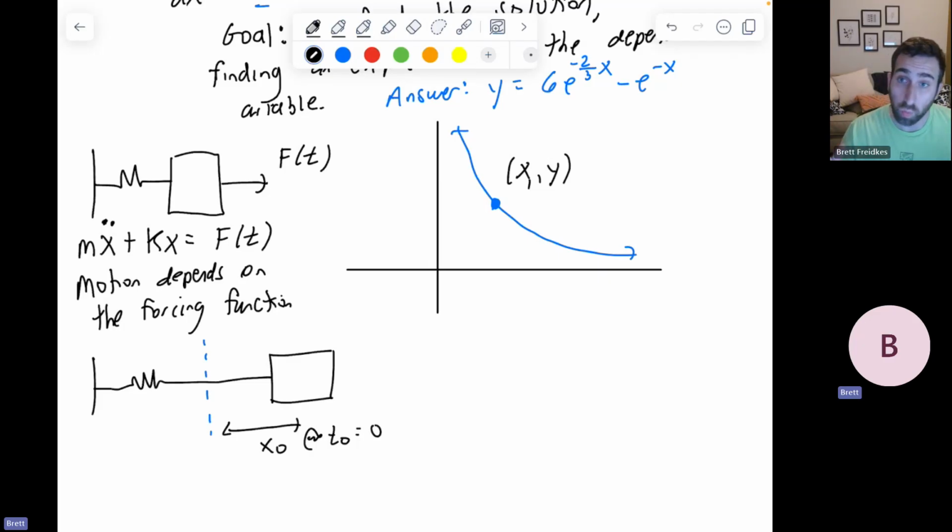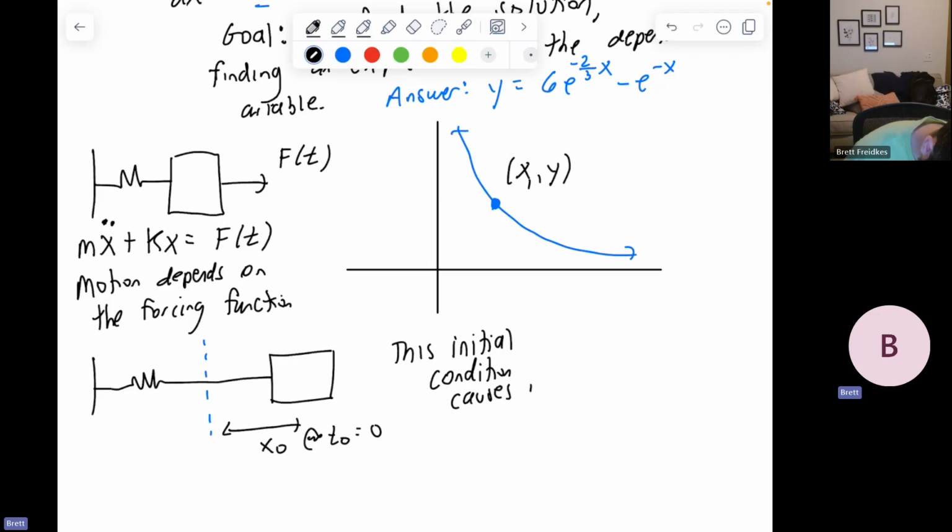And maybe I let go, we have motion. So this initial condition causes motion, because I've supplied some energy to the system. I've pulled the spring, given it potential energy. I let go. It's going to start moving back and forth.